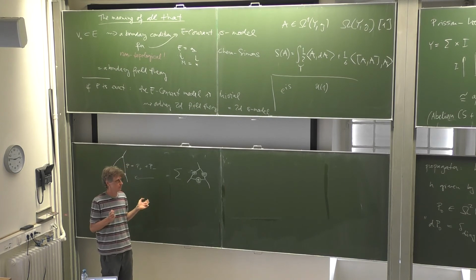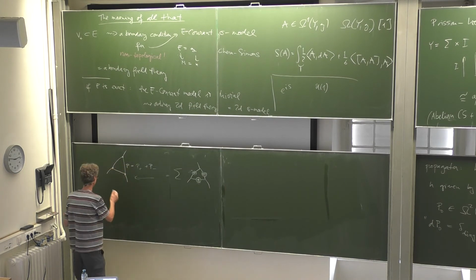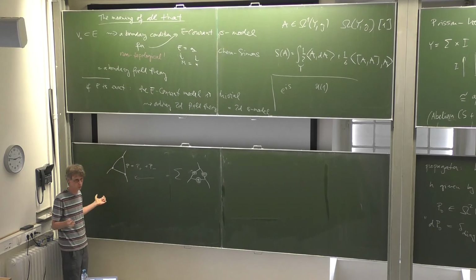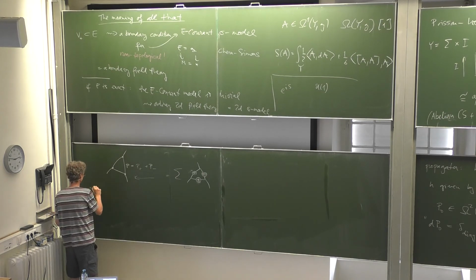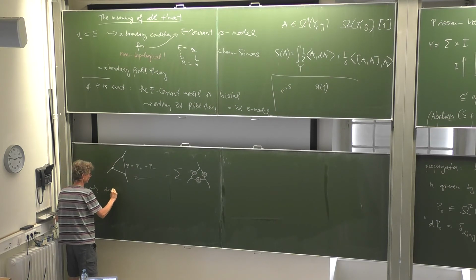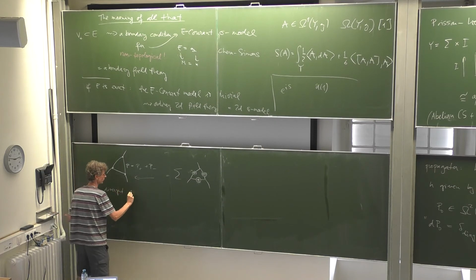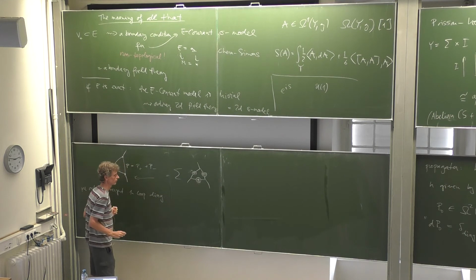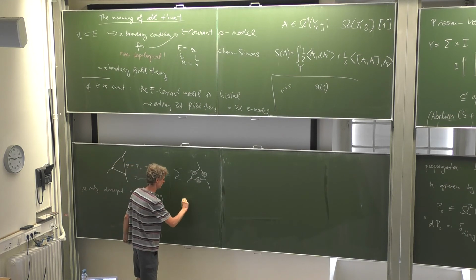And so now the statement is that there is only one divergent one-loop diagram. When we stay with one loop, the only divergent one-loop diagram is this one.